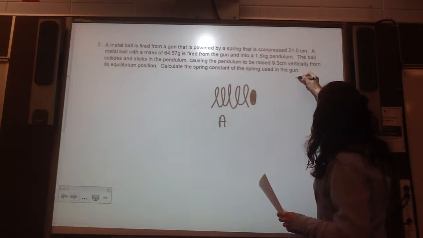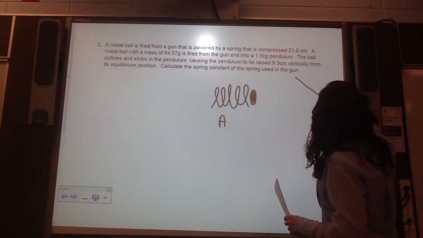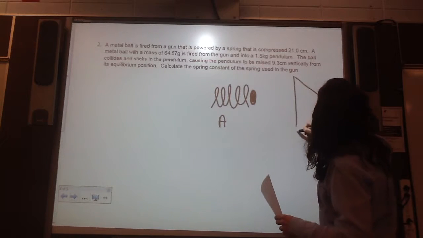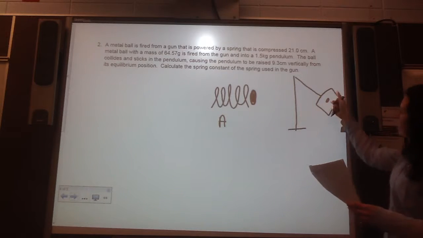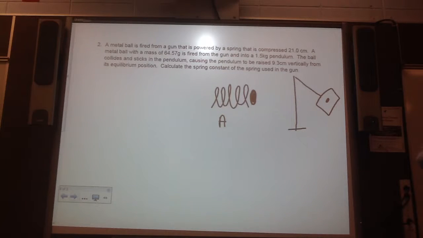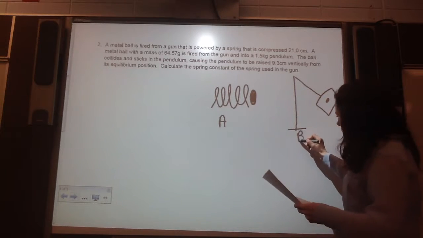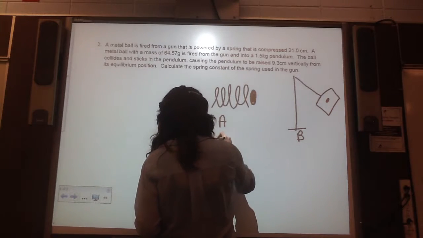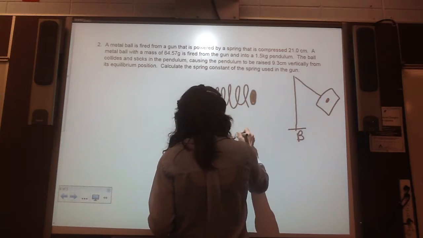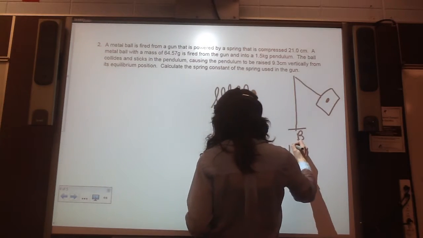And then we have a pendulum, and apparently this ball comes and sticks into the pendulum. So that's the pendulum, and it's going up. So this is position B. So let's say this is the spring in the gun, and this is the pendulum.